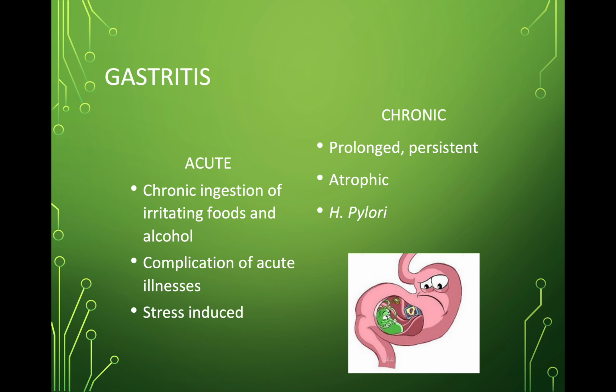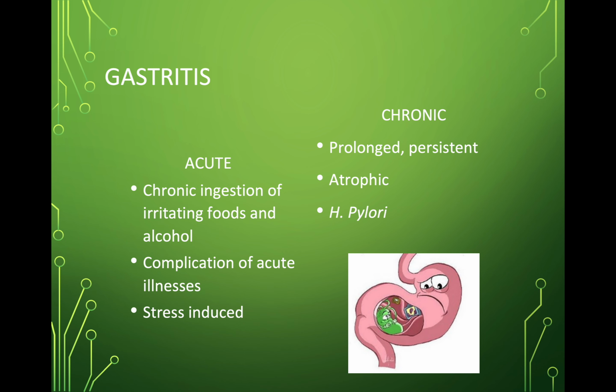With these more chronic forms of gastritis, you're more likely to see certain types of anemia, like a vitamin B12 deficiency. That's also known as pernicious anemia, because those cells in the stomach that have to do with intrinsic factor are altered because of scar tissue sort of situations.